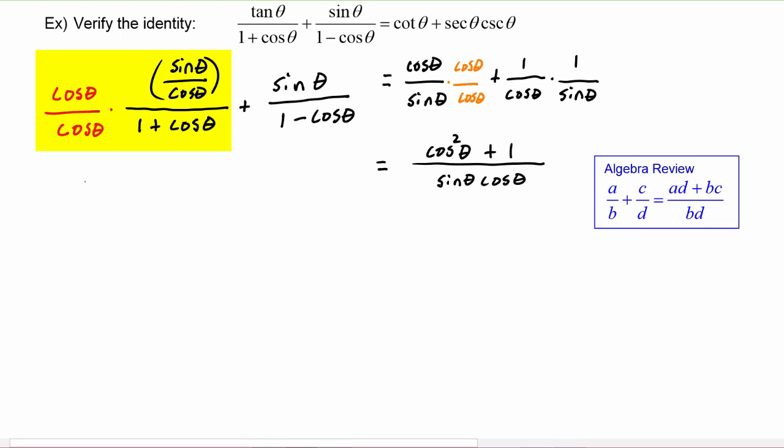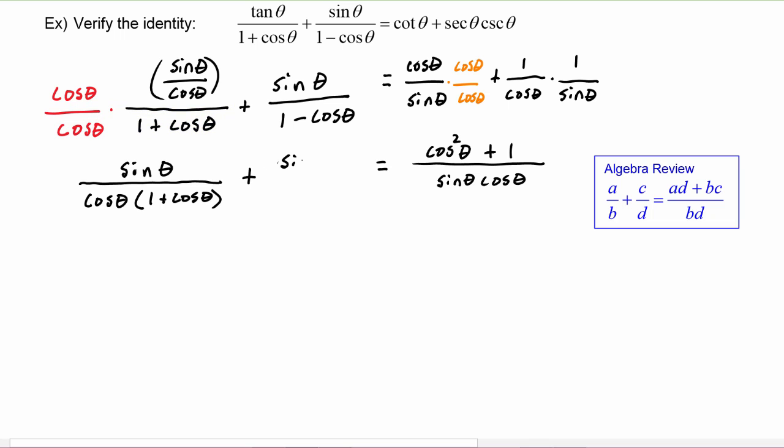So this first rational expression, the cosine here in the numerator will cancel this cosine here, so we're left with sine theta in the numerator, and in the denominator we have cosine of theta times 1 plus cosine of theta, plus this sine theta over 1 minus cosine of theta.